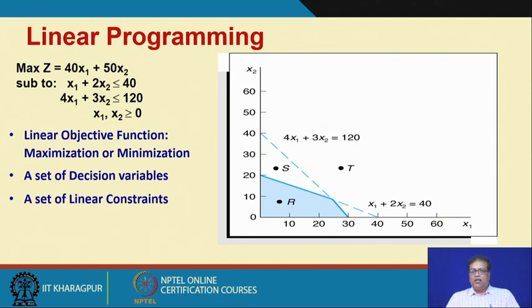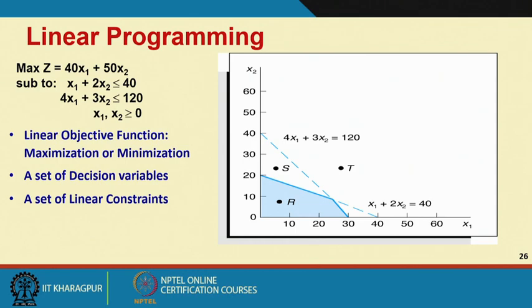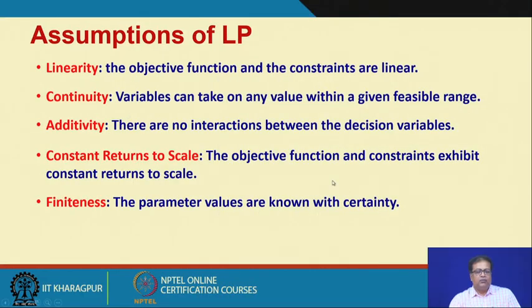If it is not, sometimes realistically one item need not give you a profit of 40, maybe a profit of 20, but if you have 2 or 3 items or more, maybe you can make more profit. Or in a different place, maybe for one item you can have more profit, but for 2 items you give a discount and then you reduce your profit. So, constant returns to scale may not be true in certain situations, but if that is so, then linear programming assumptions will not hold. Lastly, the finiteness: the parameter values must be known with certainty.